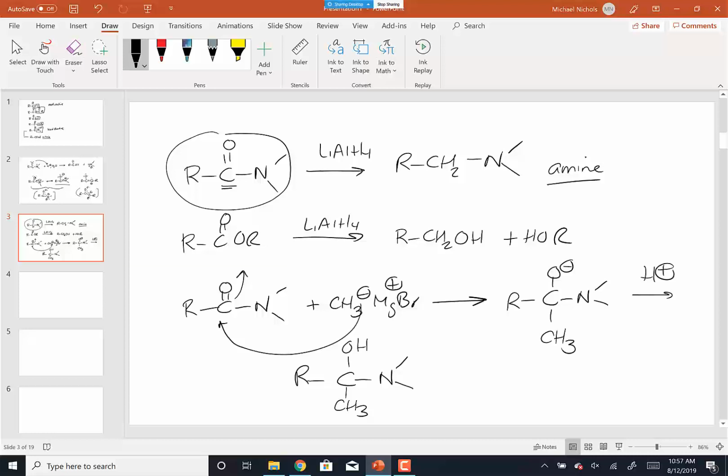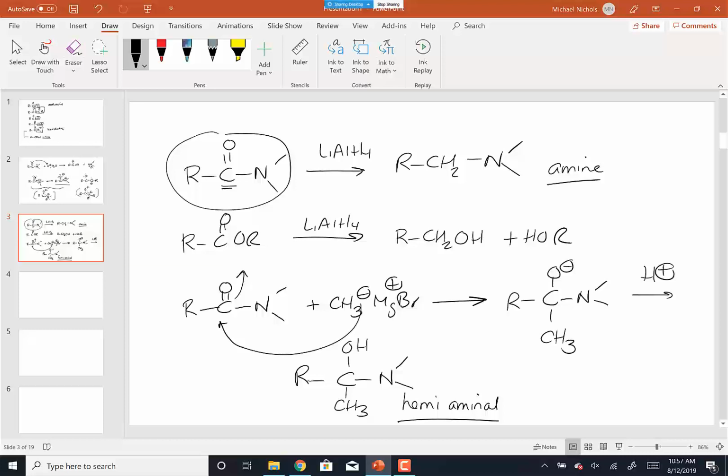Now this species is the nitrogen equivalent of a hemiacetal. This is called a hemiaminal. That's the nitrogen equivalent.